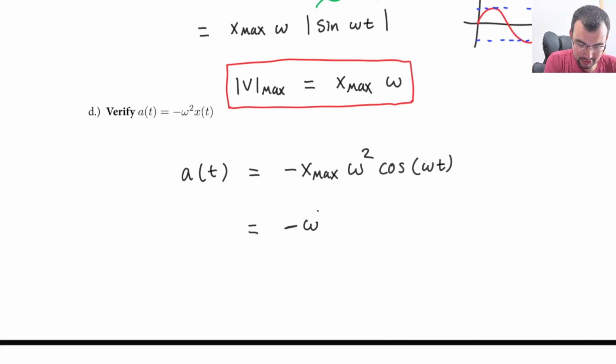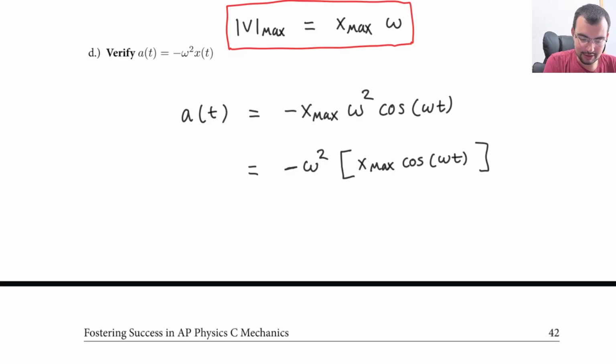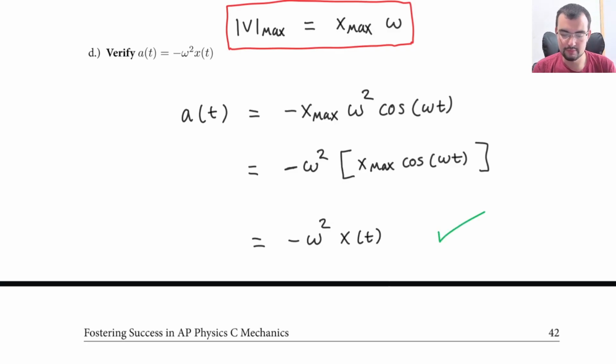I can keep omega squared in front. And then notice I can put x max cosine of omega t in a box right there. And we get the desired results. Because the boxed expression is just x of t.